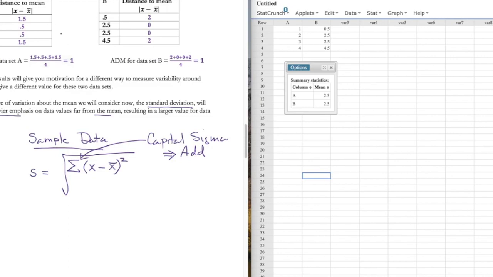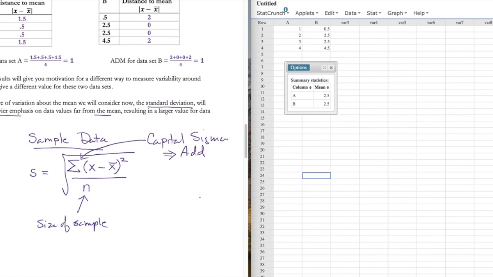All right, so it's just really mirroring what we did up here with absolute value, except now we're using the square. What do we do after we add them up? Well, we divide by the number that we have. Little n is our symbol for the size of a sample, the number of data pieces that we have collected in our sample.